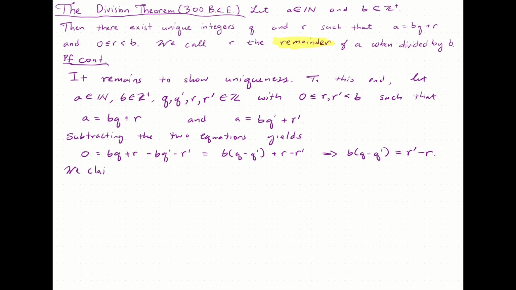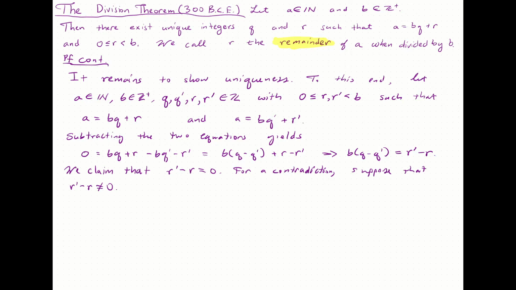So we claim that r prime minus r is equal to 0. And so now we're going to do a contradiction argument to show that it must be 0. So for a contradiction, suppose that r prime minus r does not equal 0.